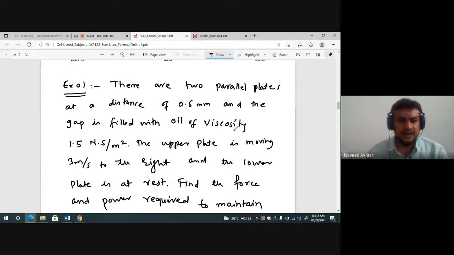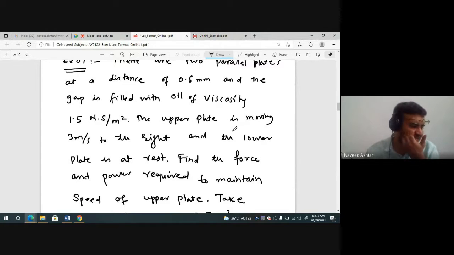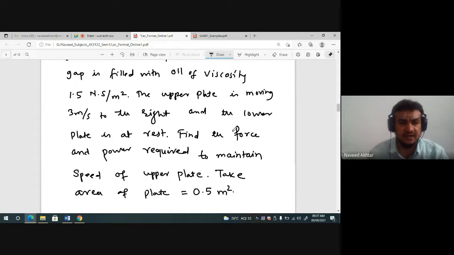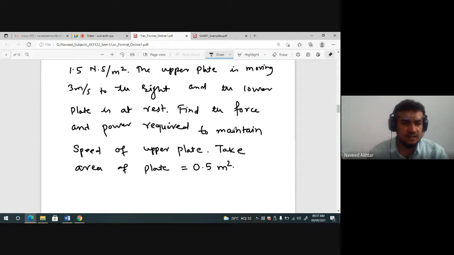There are two parallel plates at a distance of 0.6 mm, and the gap between the two plates is filled with oil of viscosity 1.5 Newton second per meter square. Dynamic viscosity is given, the mu value. The upper plate is moving with a speed of 3 meter per second to the right, and the lower plate is at rest.